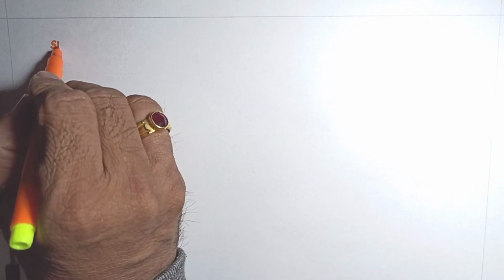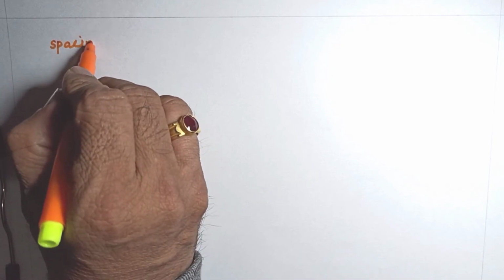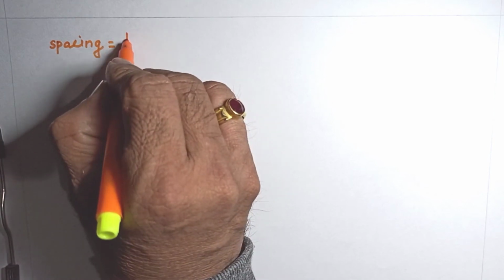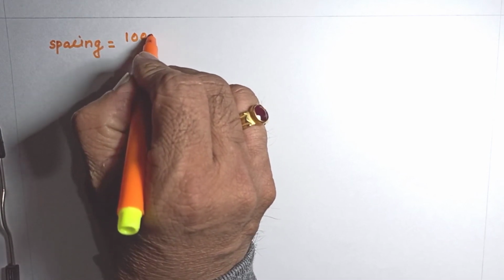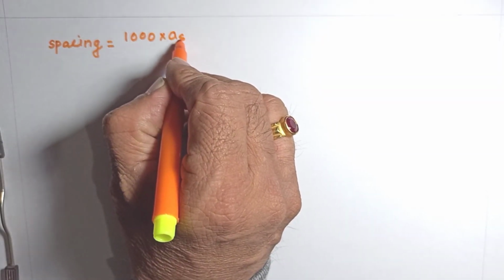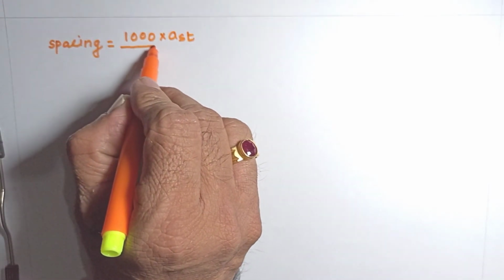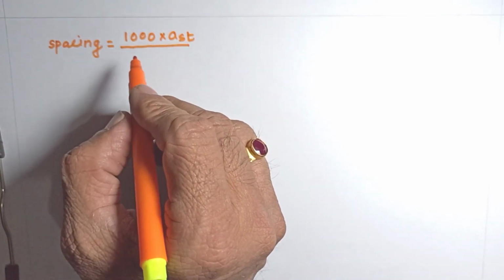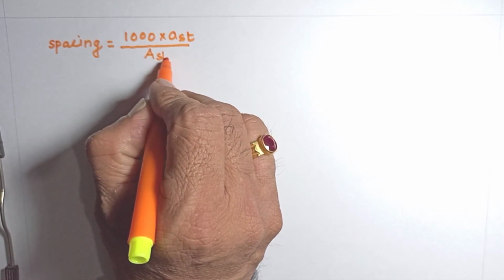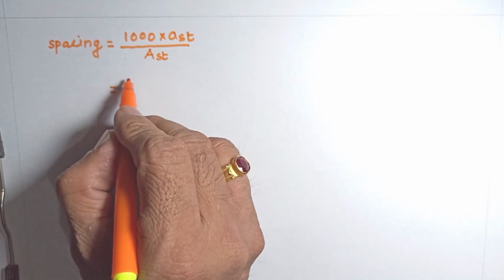Spacing is equal to 1000 into small AST, that is the area of 1 bar, upon capital AST. We have decided to provide 8 Tor bars.